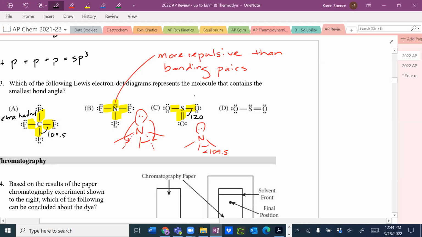Because it's really going to be S, like that. Okay, so it's 120 degrees. What is the hybridization of sulfur?